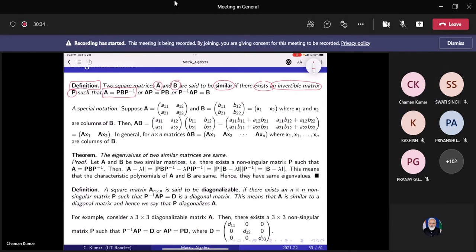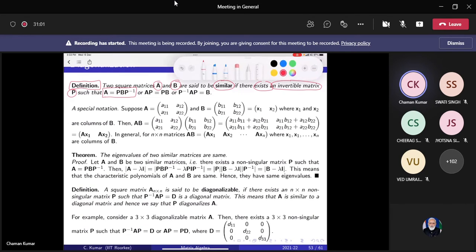Okay. So two square matrices A and B are said to be similar if there exists an invertible matrix P such that A is equal to P B P inverse. In other words, you can say that AP is equal to PB, or you can also say that P inverse AP is equal to B. Okay.